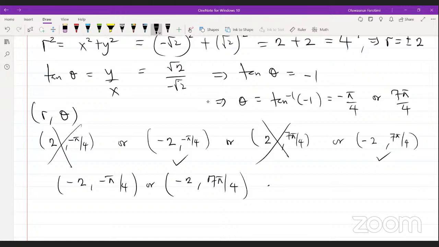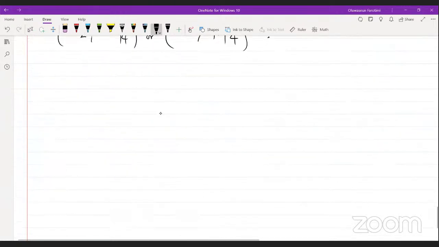Right, so we move on, guys. Let's discuss the idea of polar curves.